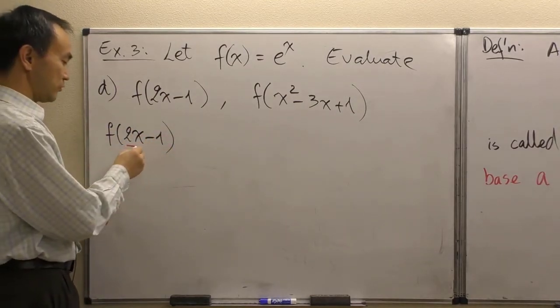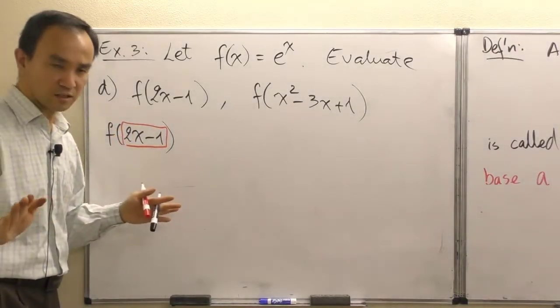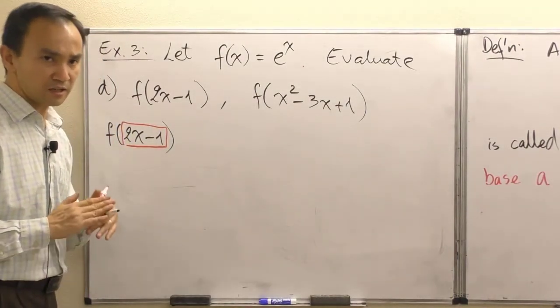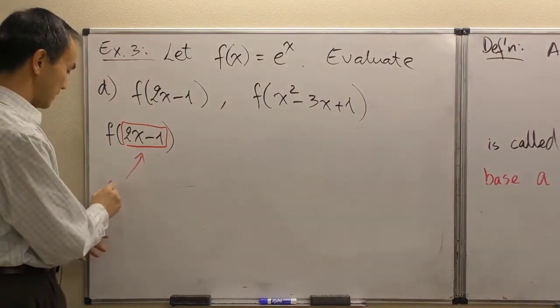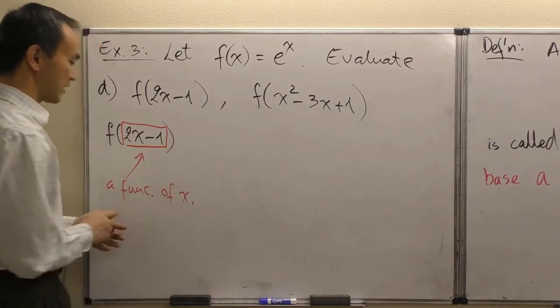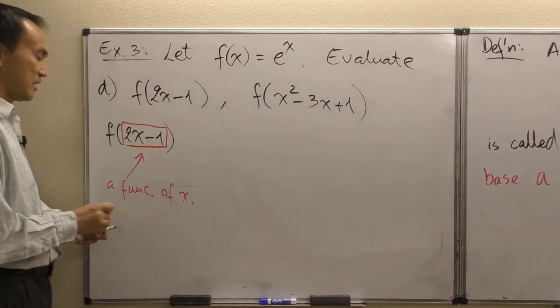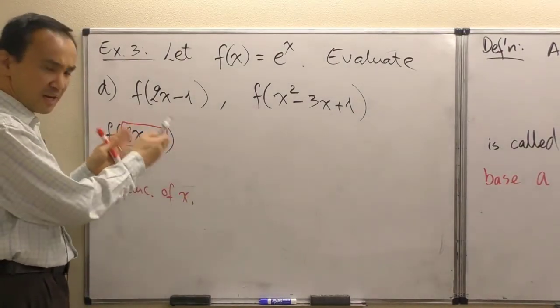I just need you to realize that this whole part right here is the input. The input is not only a nice number. It's not an easy expression. It's a function of x. But in the end, whatever function of x it is, it's an input to our function f.